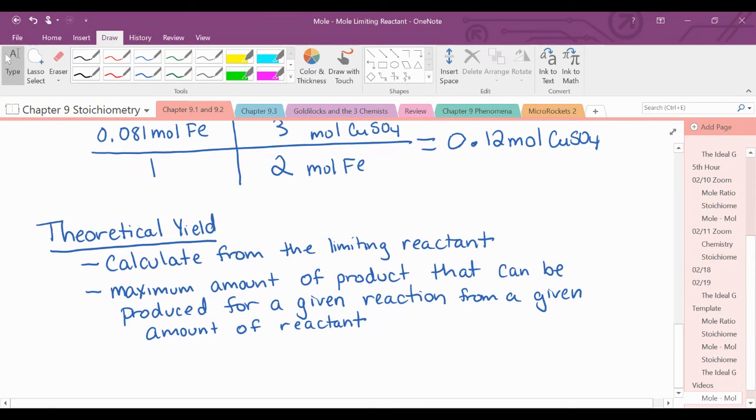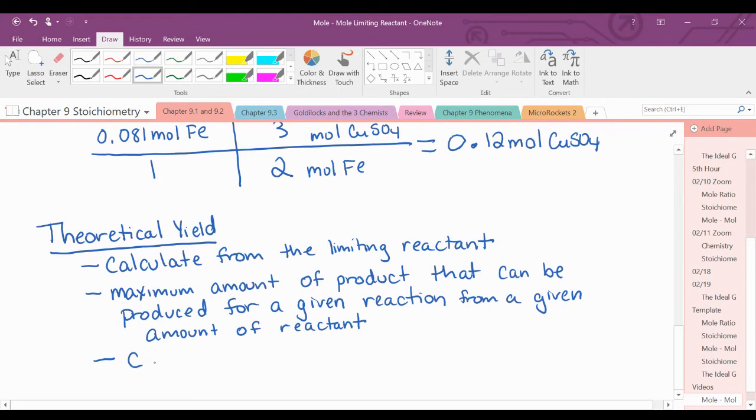And so theoretical yield can also be called the calculated amount.